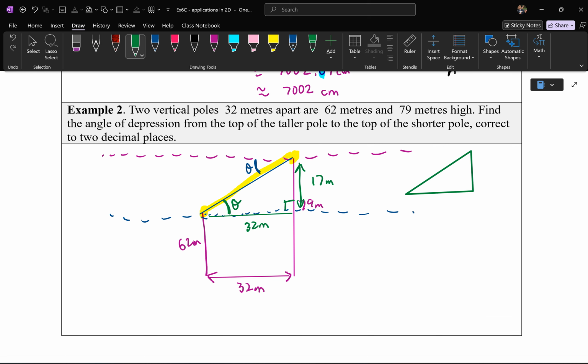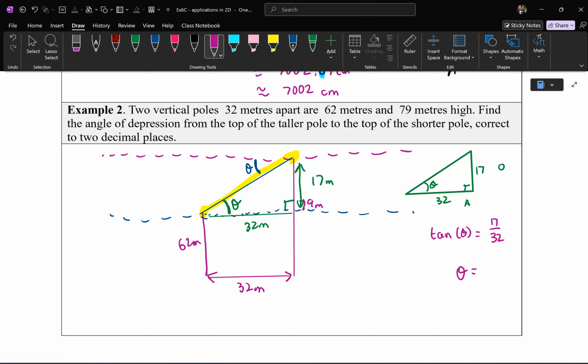Very good. So now if you write out your triangle again, I'm just going to draw it out on the side so you can see. 17, angle, 32. Name the side. 17 and 32 is opposite and adjacent. So which function do we use? Tan. So tan of an angle has to equal 17 divided by 32.